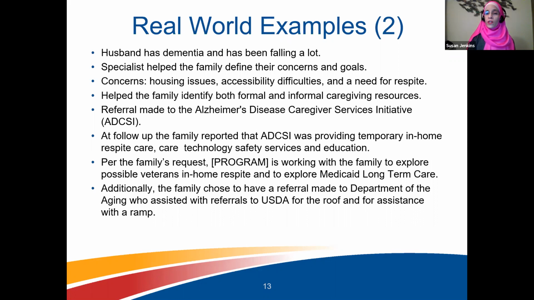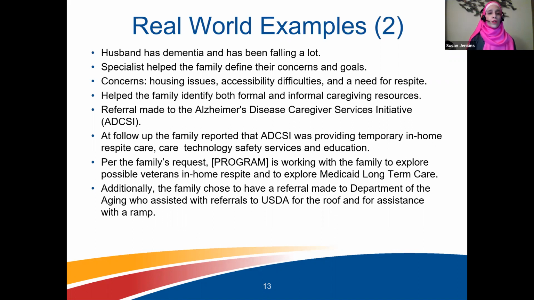Yes, they received the services, these are the activities that we are funding, but the outcome is then, is the respite care helping to relieve the caregiver? Is the technology and safety service helping to improve the lives of the family, the caregiver, and the older adult, the husband in this case, as defined in the beginning of the comment?